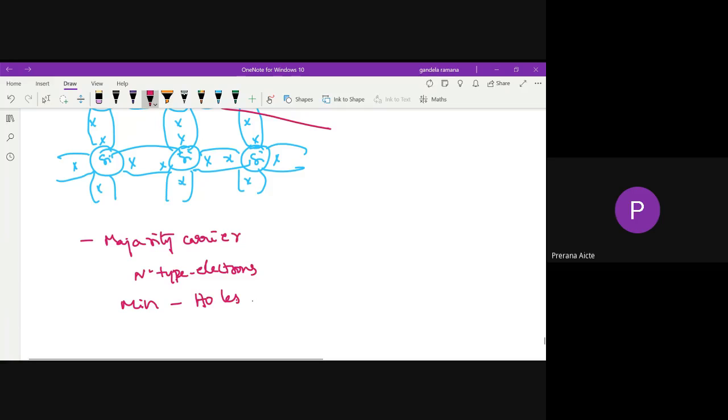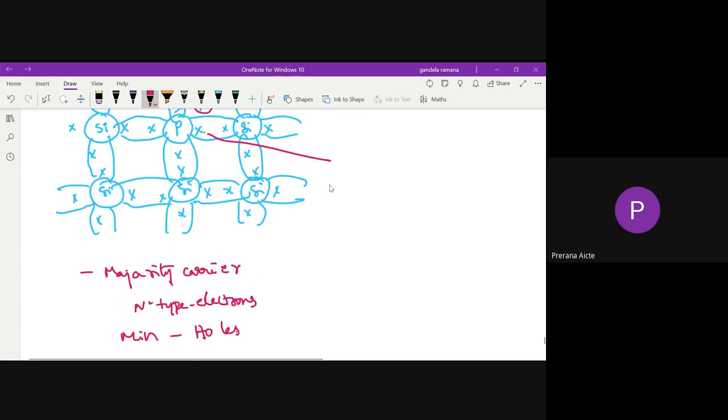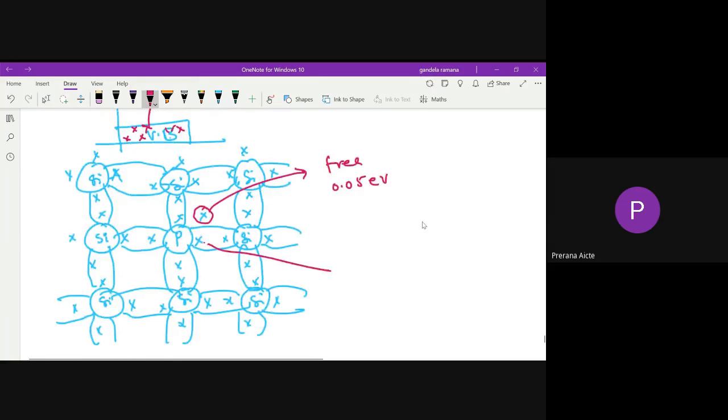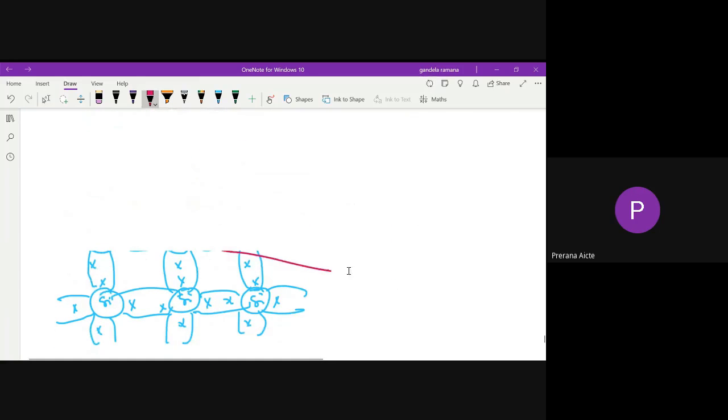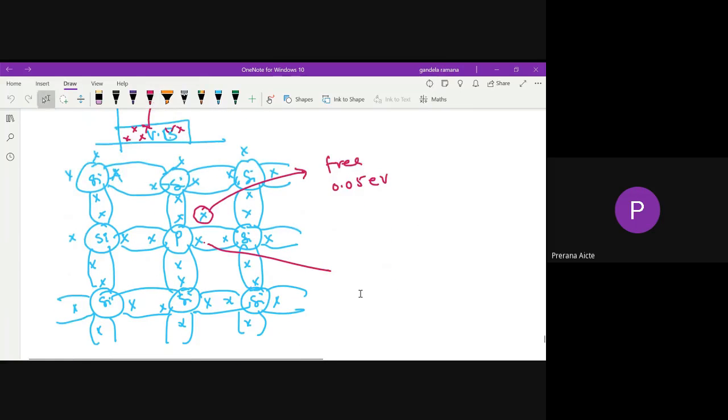In the same way, suppose third group elements are added, the same diagram will be modified here. Before it was n type, now it is p type. Instead of phosphorus, I take boron. So what happened?